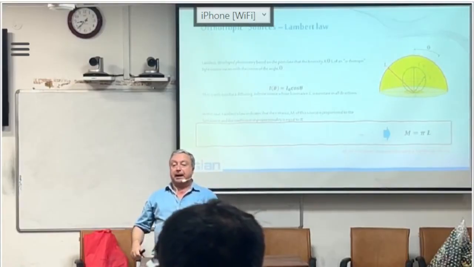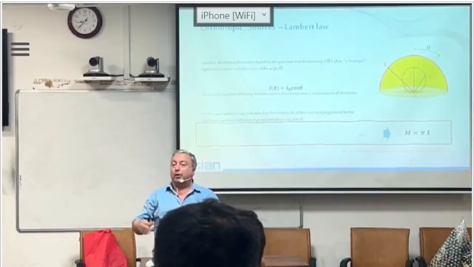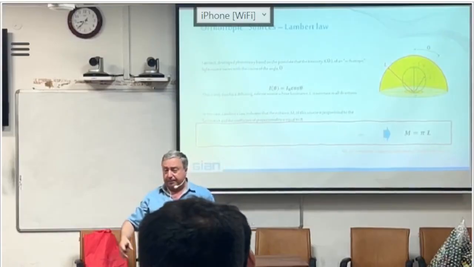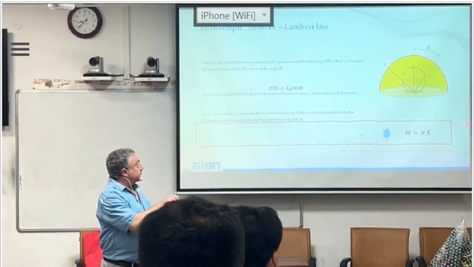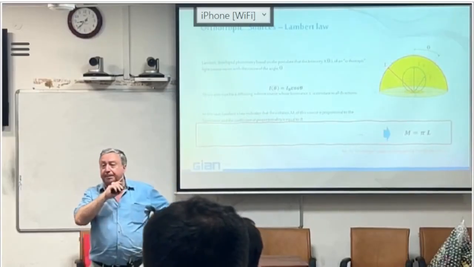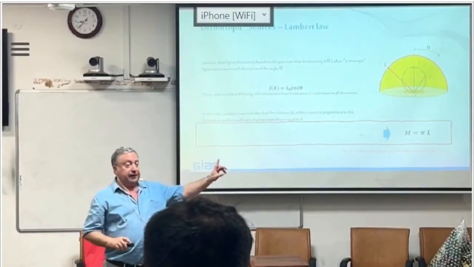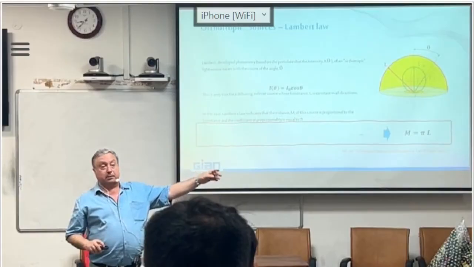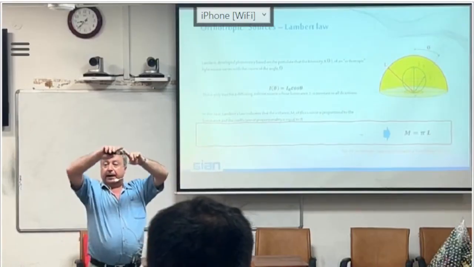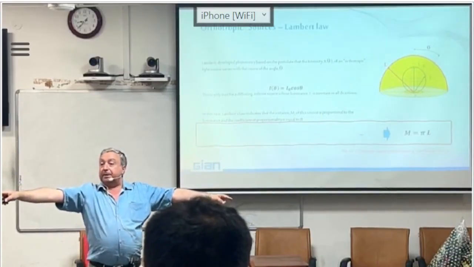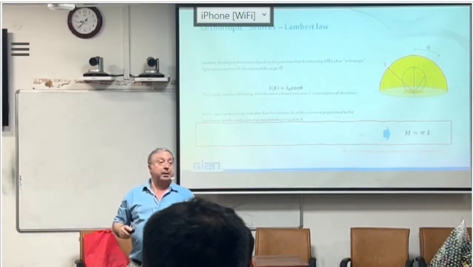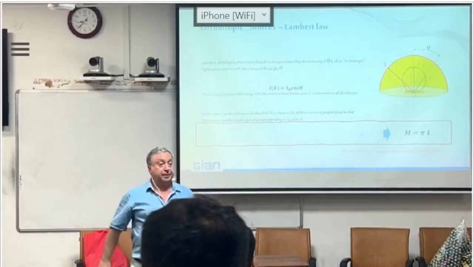If you have this kind of surface, that is usually a non-reflecting surface, like the walls, a piece of paper, the sky, and you measure the luminance L of the surface, then the emittance of the surface is pi times L. If I take a luminance meter and measure the luminance of the sky, then I can find the emittance of the full sky in lumens per square meter of sky.